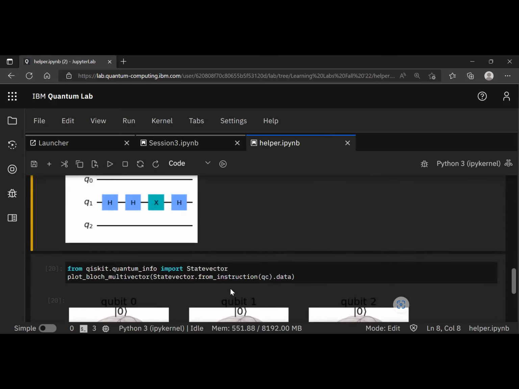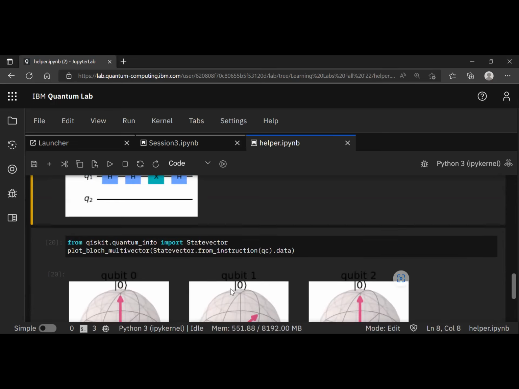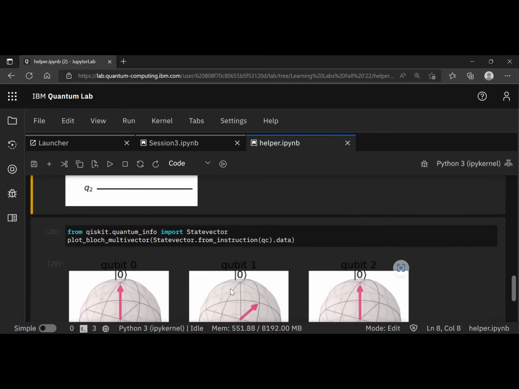So HXH is equal to Z, and HZH is equal to X. That's just a nice identity to remember, and it's going to come in useful when you learn about multi-qubit states in a minute.